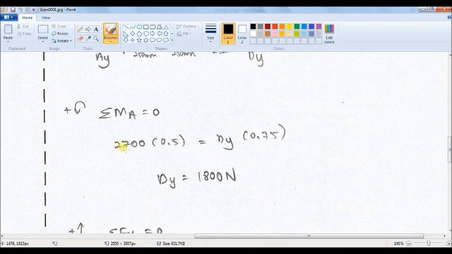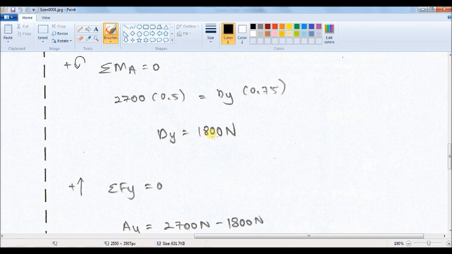So 2700 times half meter should be equal to Dy, the reaction load at location D in y direction, times 0.75 meter. And then we conclude that the reaction load at location D in y direction equals 1800 Newton.